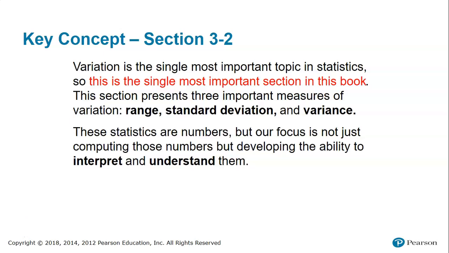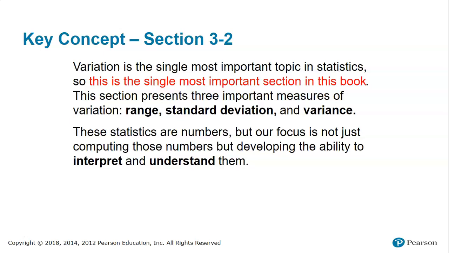Okay, so this is a very important topic as we look at statistics, and there's three different ways that we'll measure variation. Range is probably the one that's most familiar to you. You've probably been calculating range of data sets for many years, even dating back to elementary school. So hopefully that'll be familiar to you. And then standard deviation and variance are really the measures of variation that are used most in more formal statistics classes.